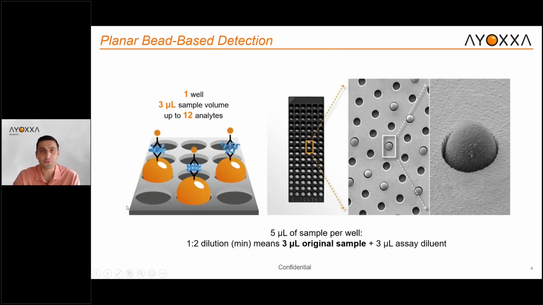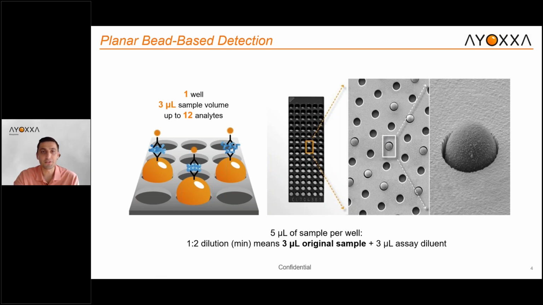For those that don't know, multiplexing is a tool that allows its users to identify and quantitate multiple biomarkers or analytes of interest at one time, rather than performing individual experiments or assays. Essentially, you are running multiple sandwich ELISAs in one well.